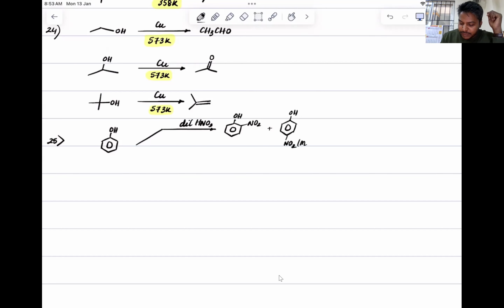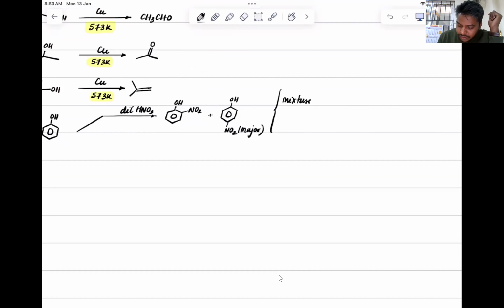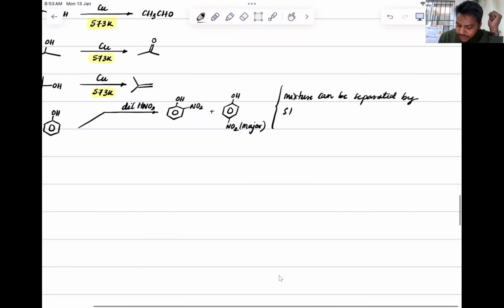Still take para as major. The mixture can be separated by steam distillation. Clear?